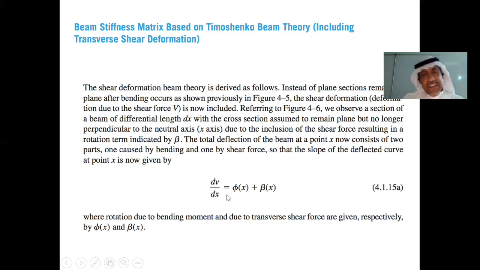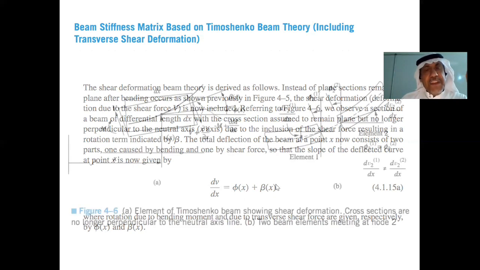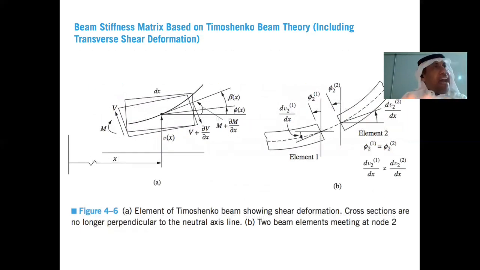Before, we said the rotation equals only dv dx, and beta is 0. But if you want to include the shear, then you have to put beta, and you have to relate beta, which is gamma, to the shear.